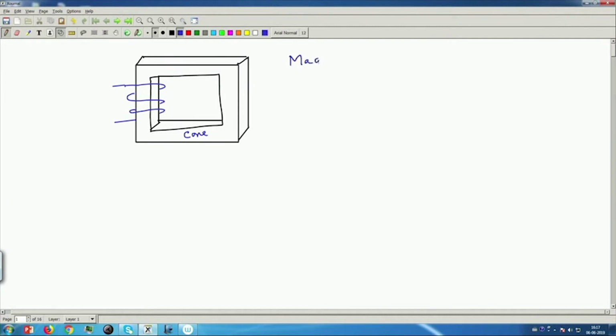We just review that, because that will be essential in understanding the magnetic circuit. Because there is a magnetic material, there will be coils wound over it, and the coils are supposed to carry current. Therefore, they are going to produce flux in the core.